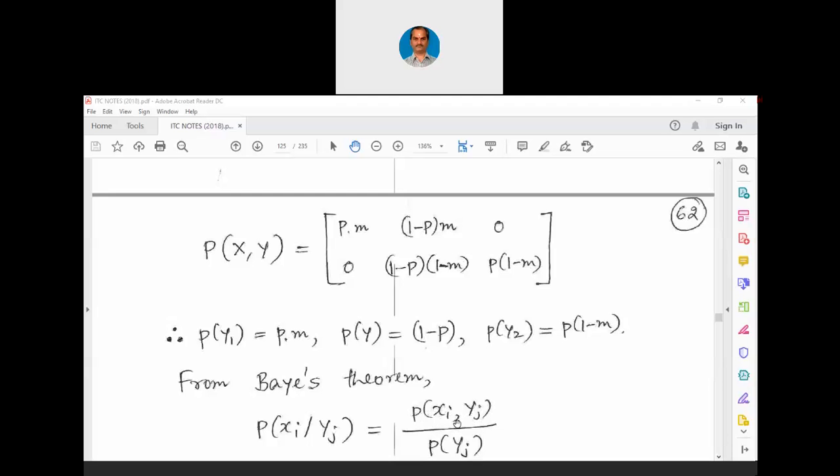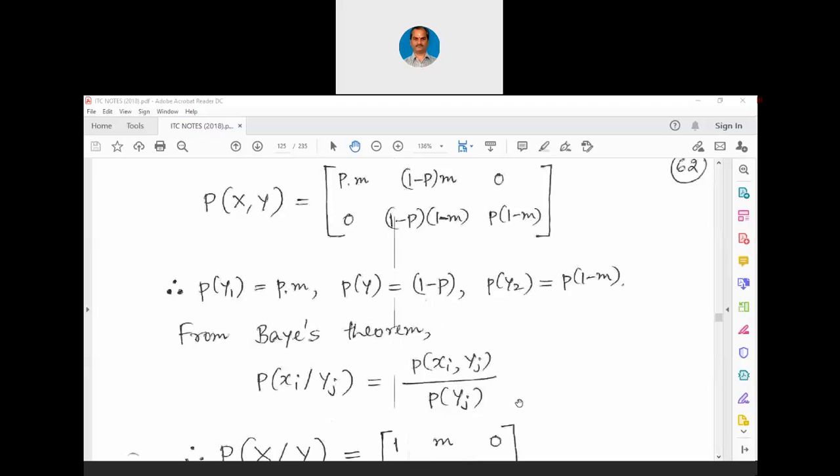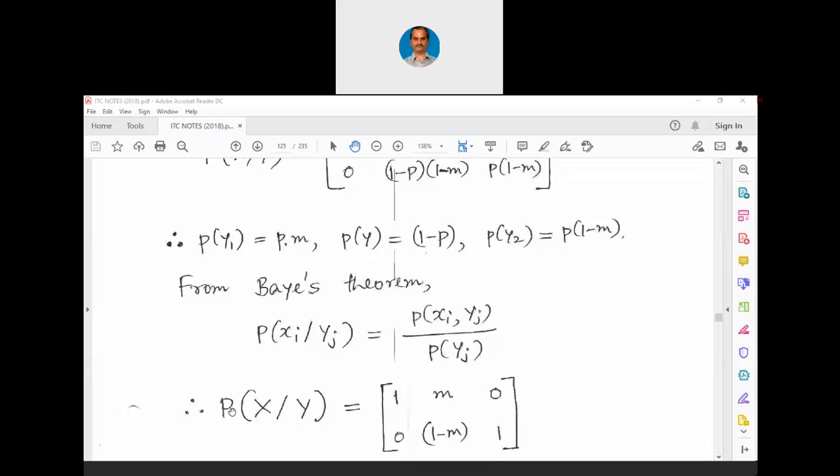So that way, from the Bayes theorem, we now obtain P(X|Y), that is 1, m, 0; 0, 1 minus m, 1. This is using the Bayes theorem again.